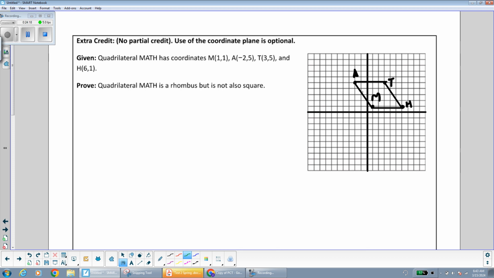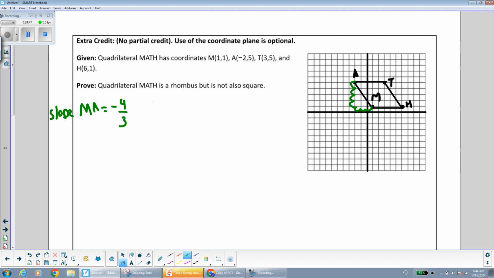So these are negative slopes, because they're decreasing lines. And rise over run is 1, 2, 3, 4. 1, 2, 3. So the slope of MA equals negative 4 over 3. If I count here, 1, 2, 3, 4, 1, 2, 3.